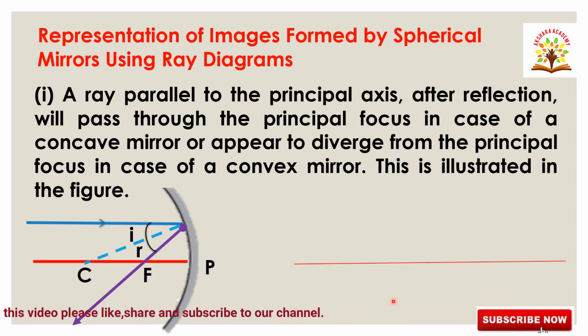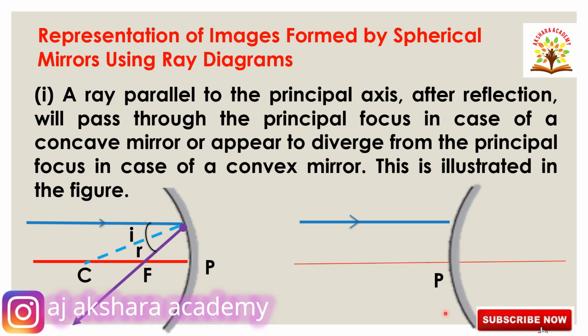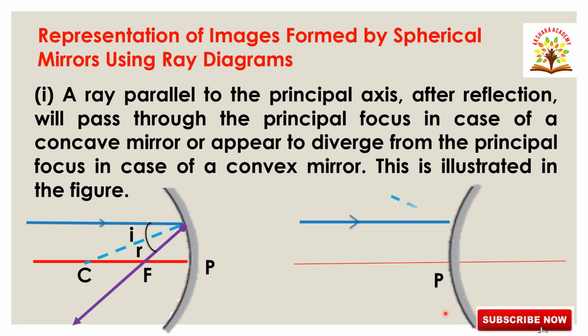Next, this is a horizontal line, principal axis, and it is a convex mirror. And next, pole P, incident ray. Arrow marks indicate the direction of incident ray. Next, whenever the incident ray touches the reflecting surface, it reflects.